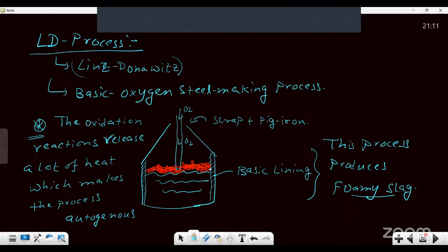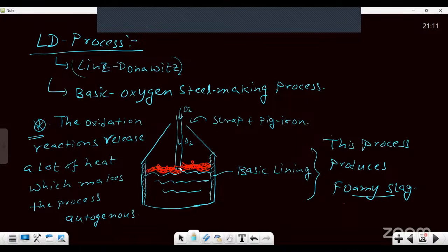And this foamy slag is very, very helpful because it protects the refractory. Wherever this foamy slag is present, it is protecting the refractory lining, because the hot metal is not coming directly in contact with the lining.